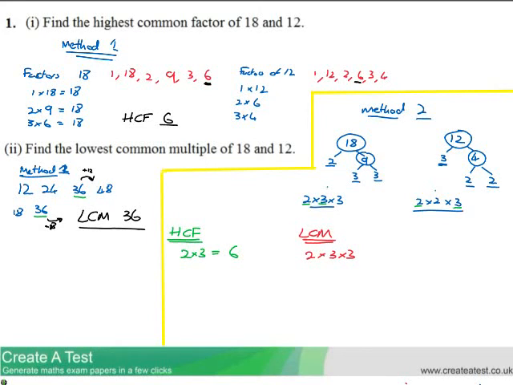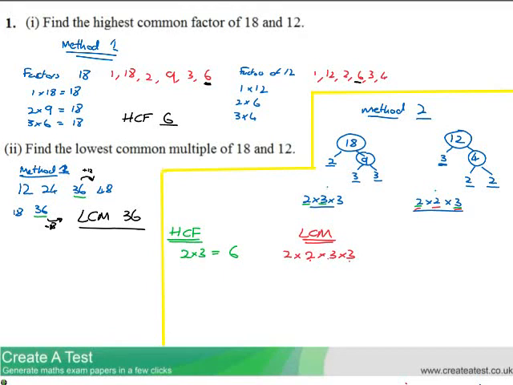Now, think about this. For the number to be a multiple of 12, it needs to have in it a 2 times 2 times 3. This number, therefore, cannot be a multiple of 12 because it doesn't have the 2 times 2 times 3. So what I'm going to do is add an extra 2 in there. Now look at this number.